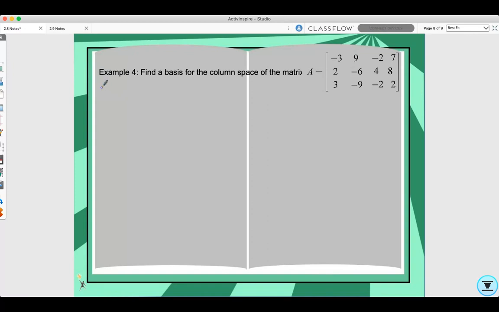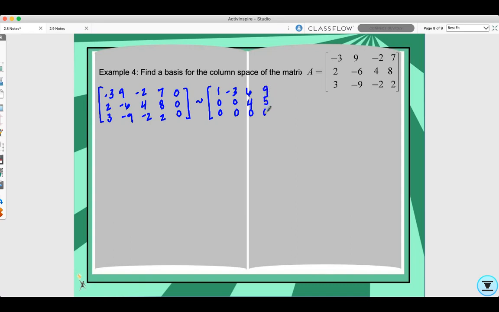So I'm going to go ahead and write my augmented matrix. And through different row operations and interchanging rows, I first can end up with a matrix that looks like this, where I have zeroed out the bottom row.